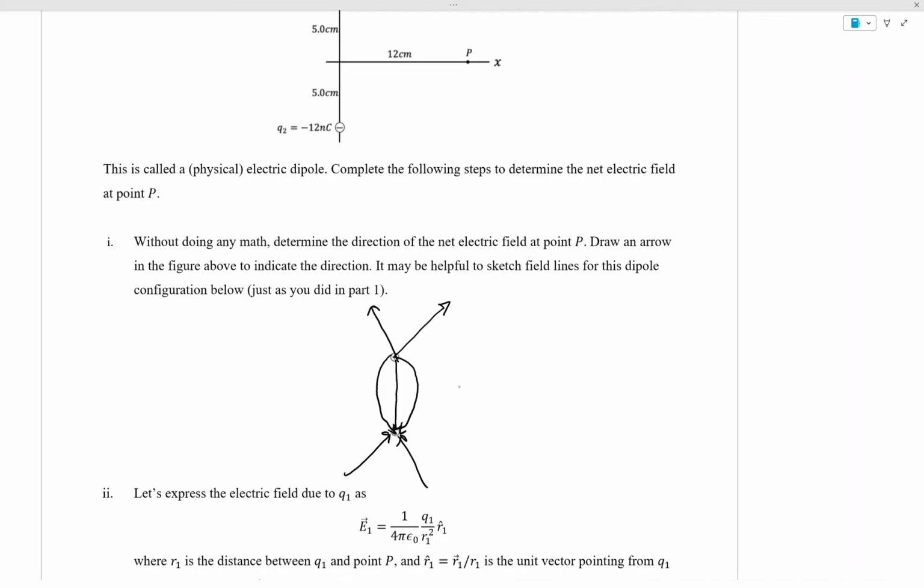So what would it look like? There would be a line that would go directly from the positive to the negative charge, and then in between them you'd have these curved lines as well. And what we can see is that we can use this to reason that the electric field would actually point down at point P.